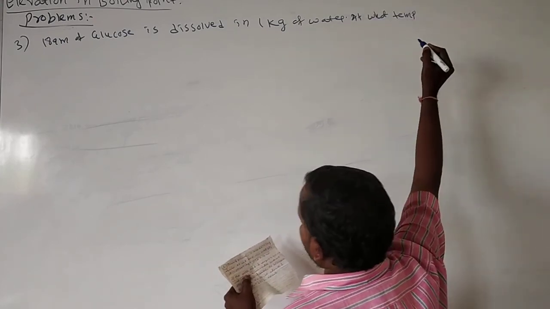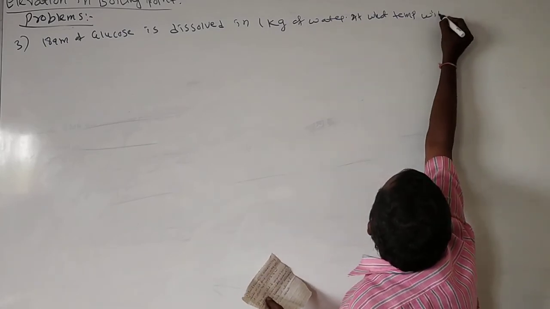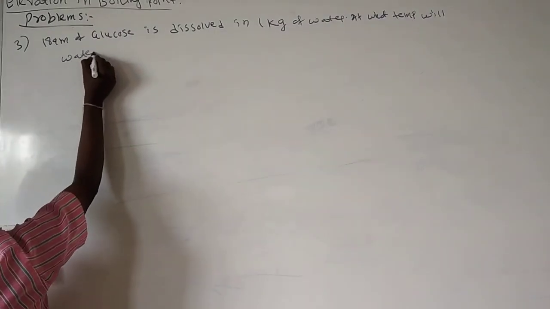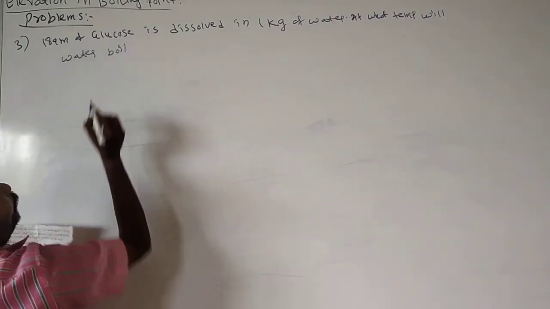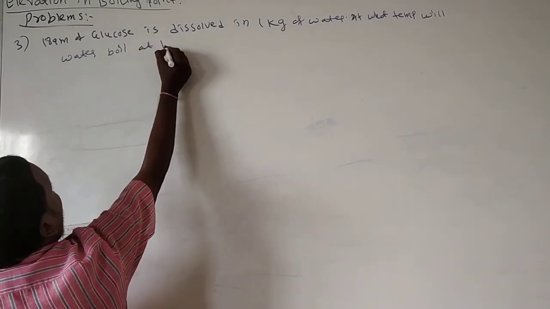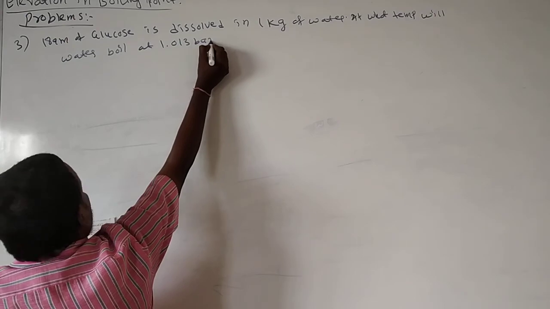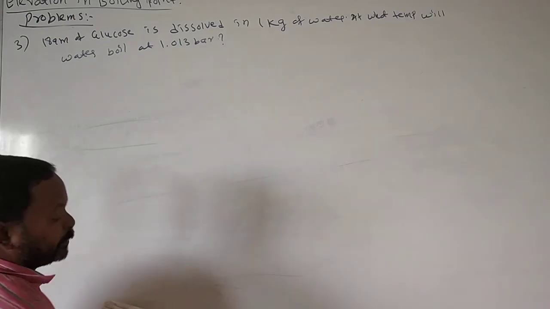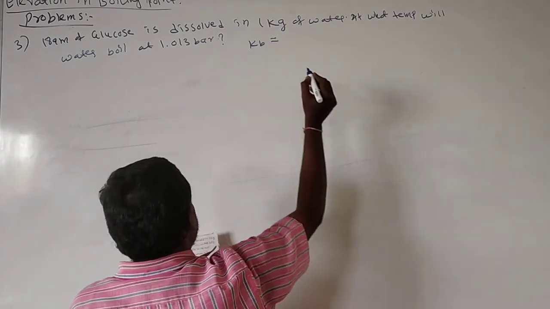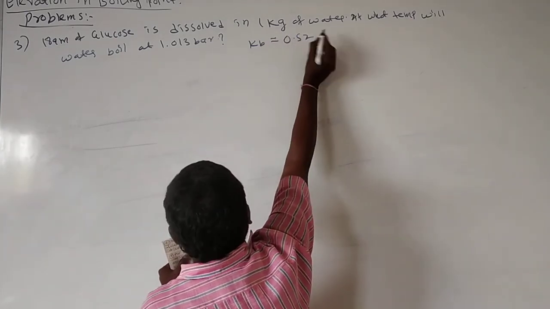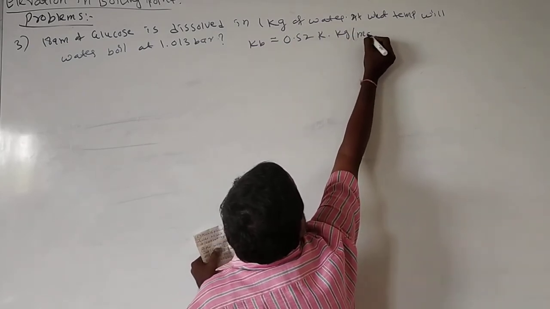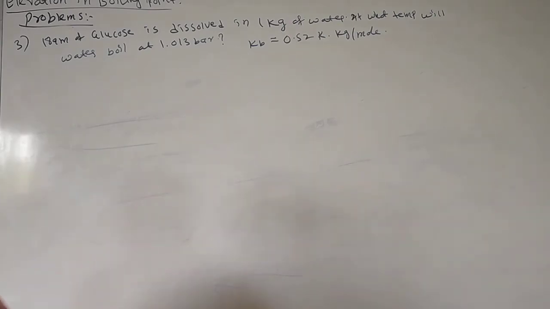At what temperature will water boil at 1.013 bar pressure? Kb of water is equal to 0.52 Kelvin kg per mole. This is the data.